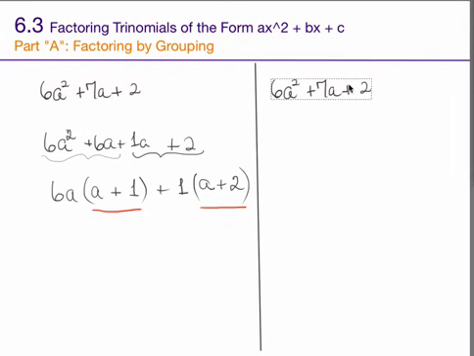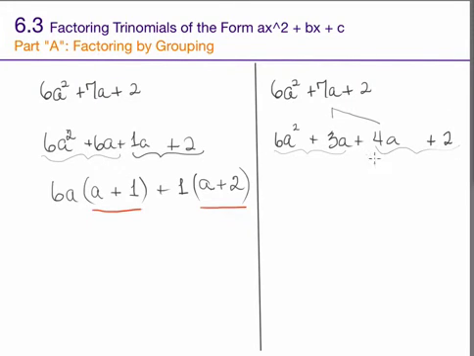Let's make another copy of this problem and start over. I'll rewrite the middle term, 7a, as 3a plus 4a. That's a legal move. 3a's plus 4a's is 7a's. I've just broken it up. Then I can look at what's common to these two terms and these two terms. What's common to the first two terms is 3 and one copy of a.